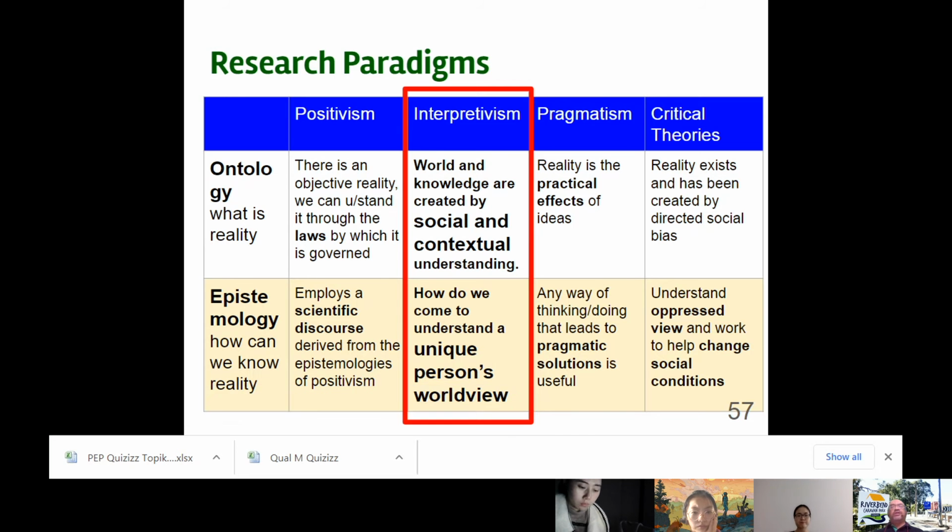Whether it is true or not, we don't have much to say, but we can assume that the perspective is true according to their perspective.